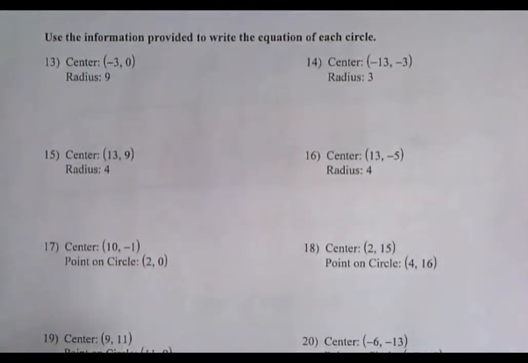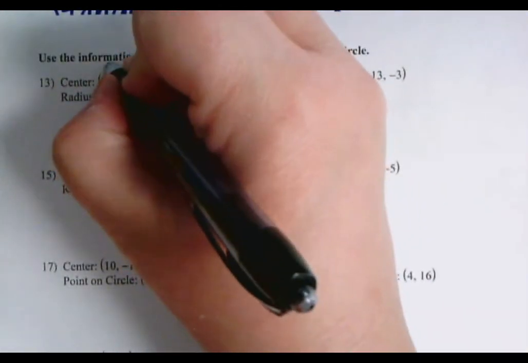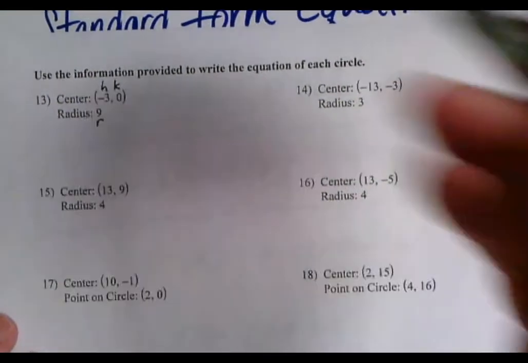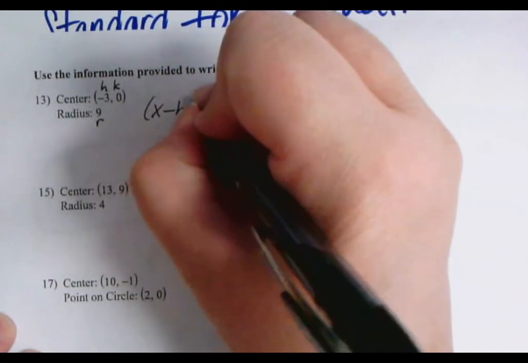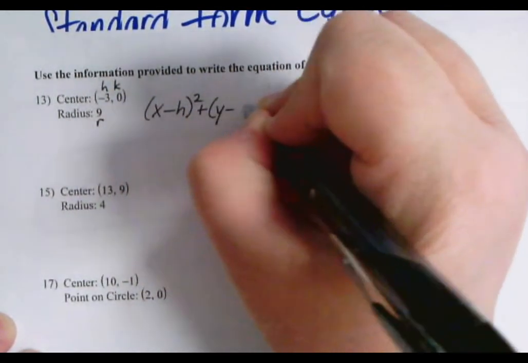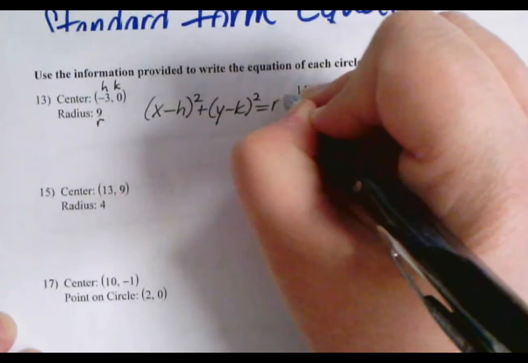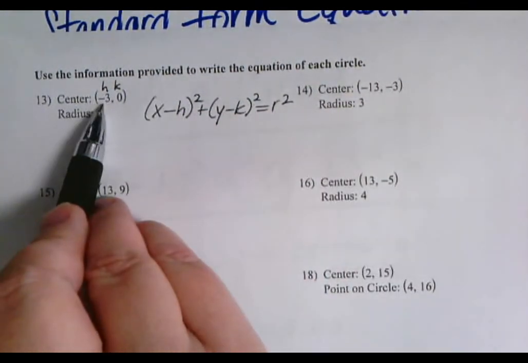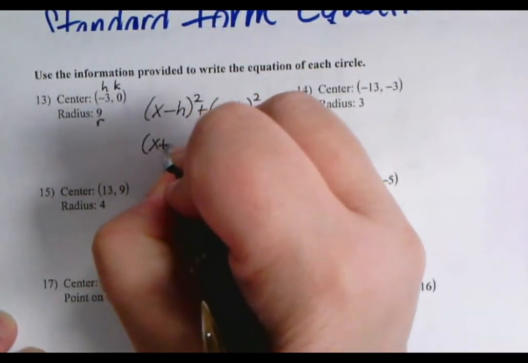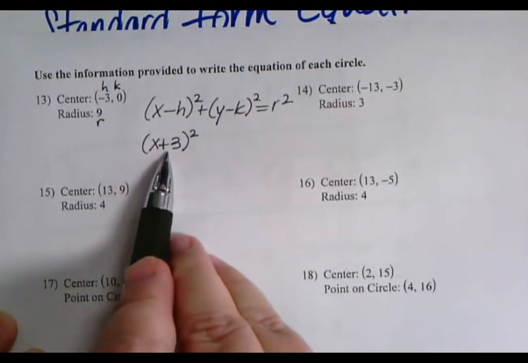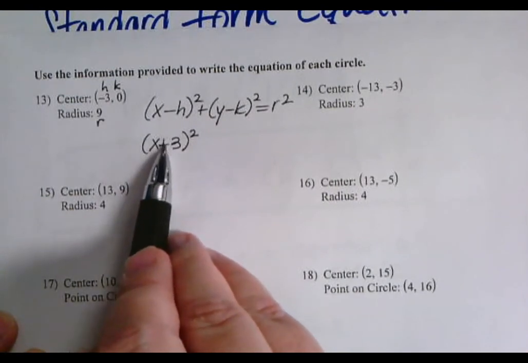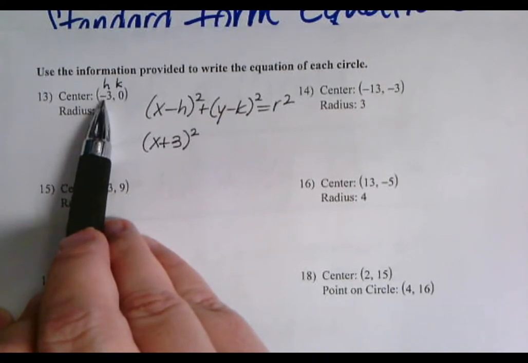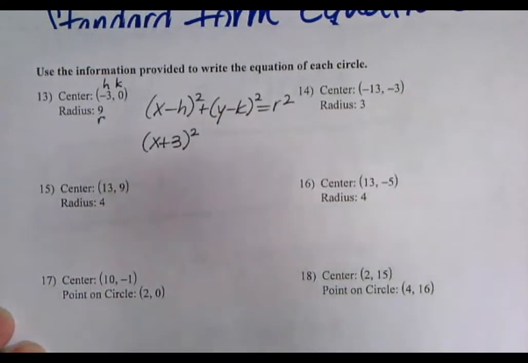Okay, so center and radius are exactly what I need. The center is the h and the k, and the radius is the r. Now remember, when we put it in the equation, we want r squared. So this is what we're plugging into. x minus negative 3 is going to make x plus 3. Remember that the sign you see in the equation is the opposite of the sign of the x coordinate or y coordinate of your center.